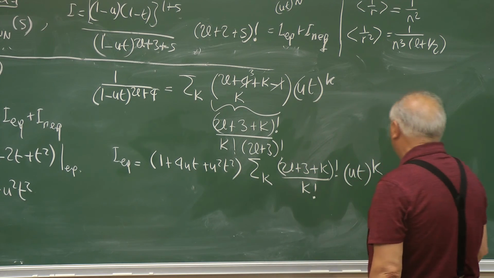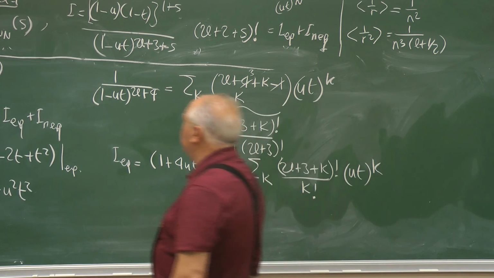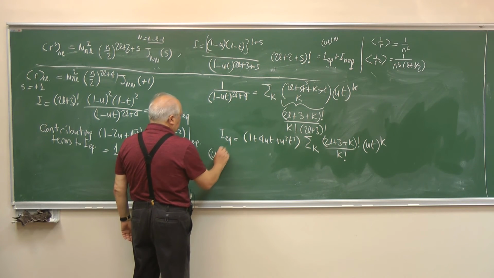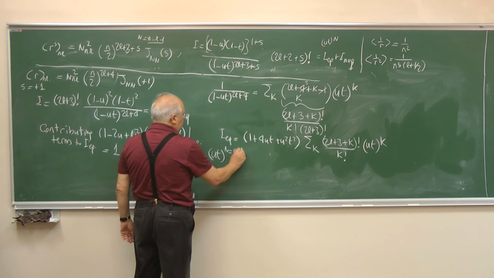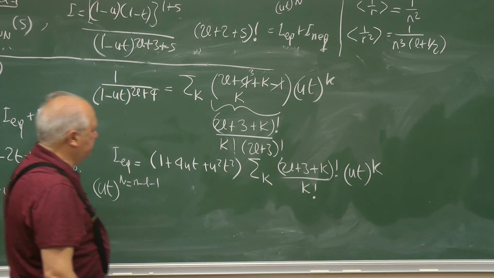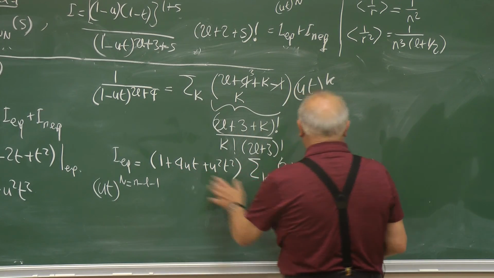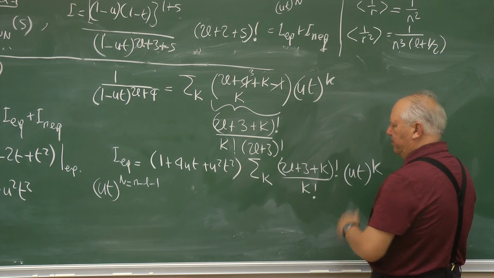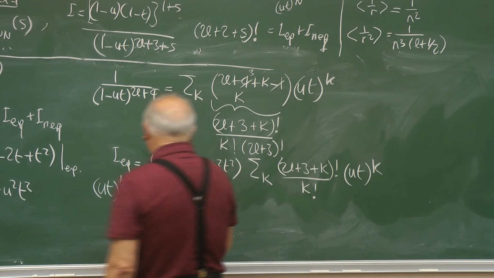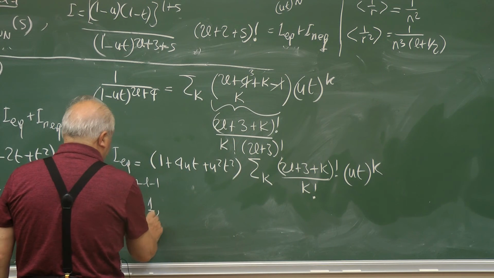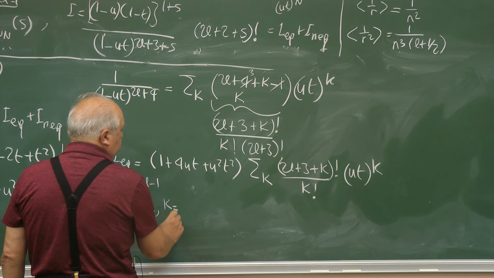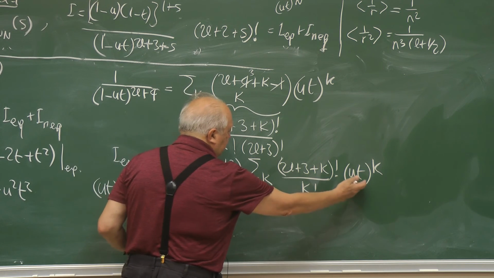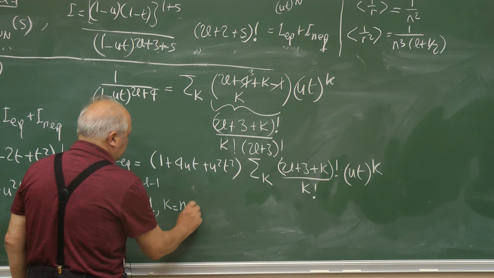Now we are trying to get the coefficient of J_nl. So I want (ut) to the power n minus l minus 1. And there are 3 terms here, so 3 k terms will contribute to this sum. For the first one, 1 will go with k equals n minus l minus 1, this will carry the whole power.